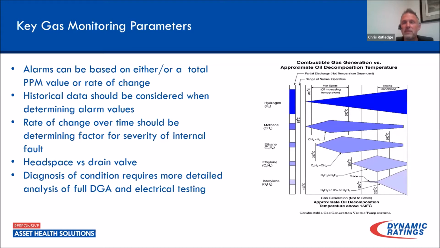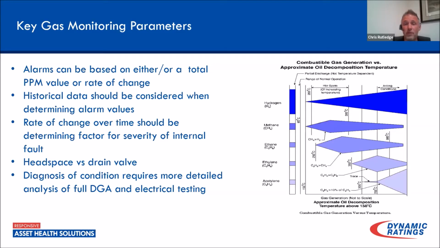A lot of this can be attributed to the way the gas is dispersing to the headspace, and may be due to a leak somewhere on the transformer. You're not getting that equilibrium between the headspace and the oil. Also, the hydrogen disperses much more quickly across the headspace. It's not really a homogeneous distribution of hydrogen in the oil.